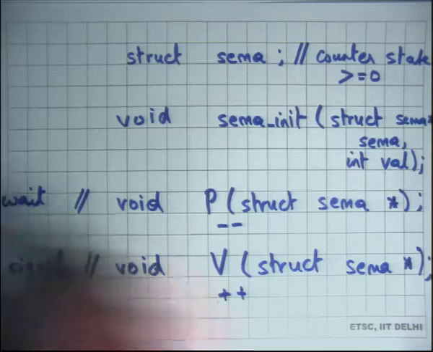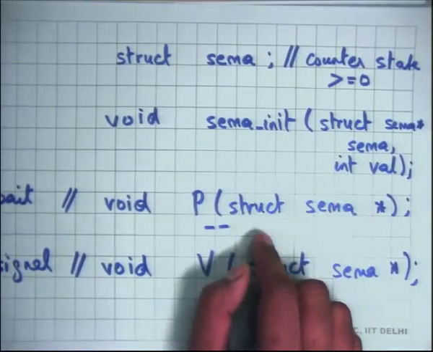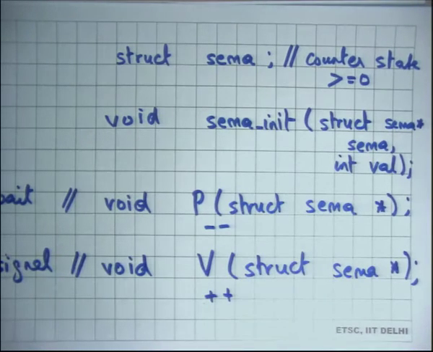Once again, init just initializes the counter to val. P decrements the counter, except that it ensures the semaphore never becomes negative. If the semaphore is 0 and somebody has called P, it will not actually decrement it.